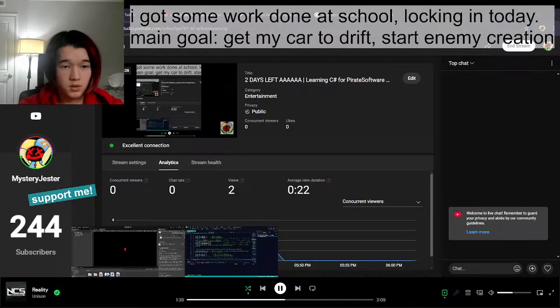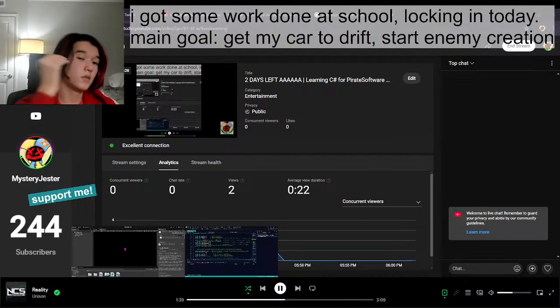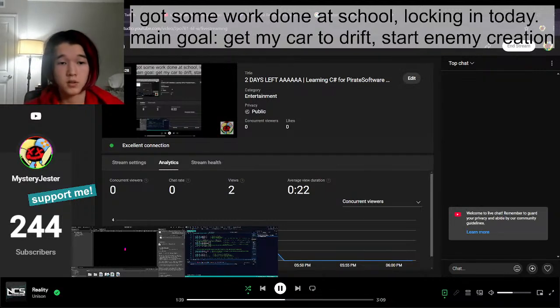Public float, car final gas speed. Oh, okay.